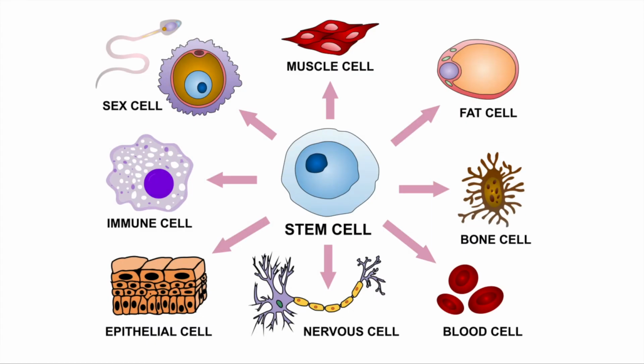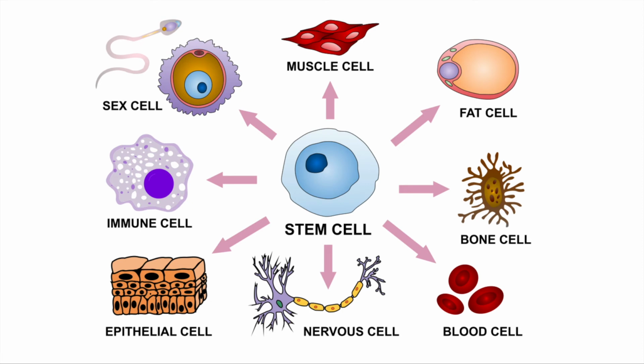So yes, a stem cell has the ability to divide into any type of cell. However, this depends on the type of stem cell that it is. And we'll be looking at the types of stem cells later on. So a stem cell can become a muscle cell, a fat cell, a bone cell, blood cell.